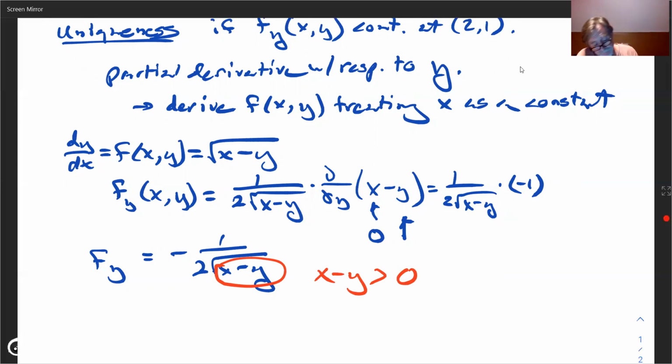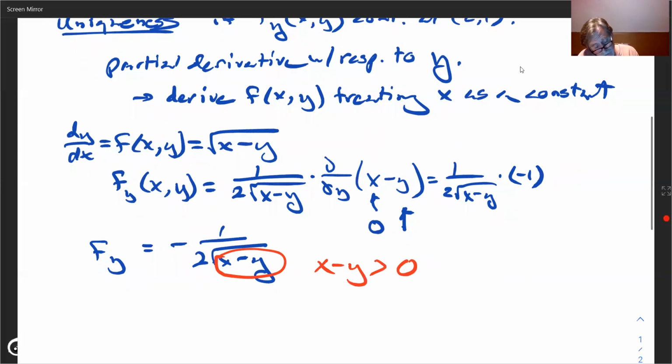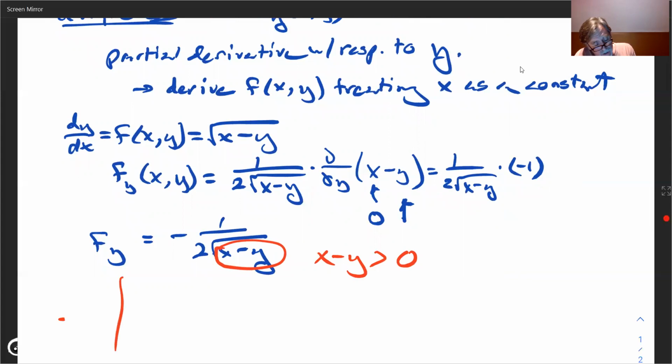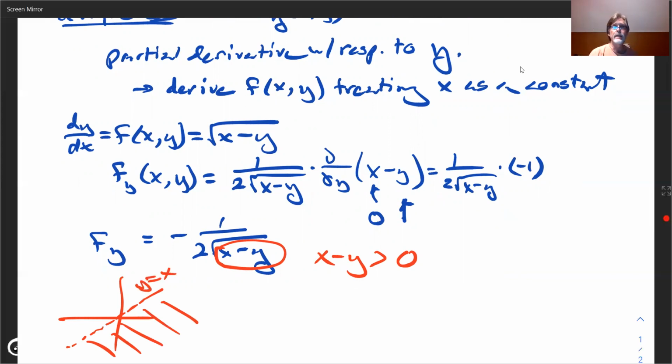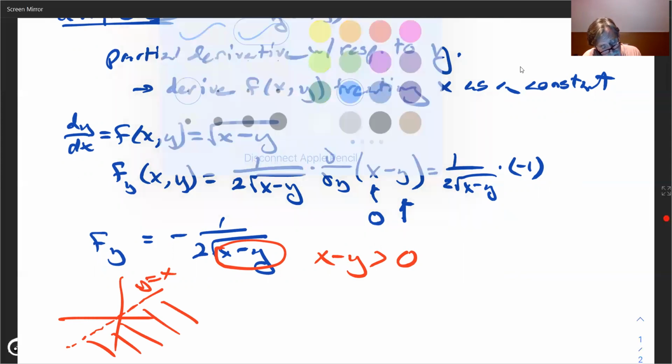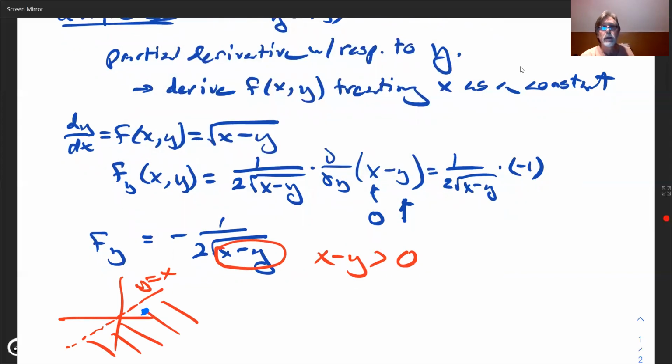So, in fact, I was playing around with this a little bit, and the actual area where you're good is here, not even on the line. This is the line y is equal to x. Don't worry about that. It's me just gathering some intuition. And 2, 1 is actually on this side where things are cool, because x is greater than y. Well, 2, again, is greater than 1. And so this implies unique.